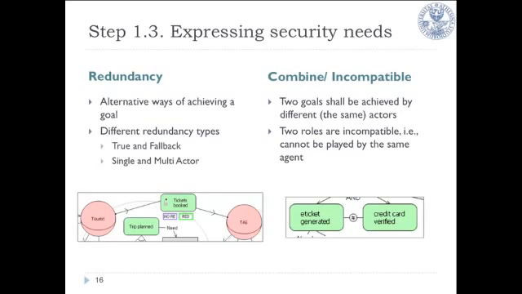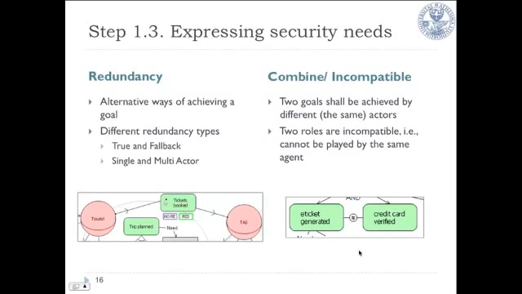And similarly to the expression of these constraints over roles, we express them over goals, as shown in this example. For instance, we have a separation of duty constraint, incompatible, expressed by this sign, saying that whenever an actor is achieving one of these goals, it must not achieve the other one.